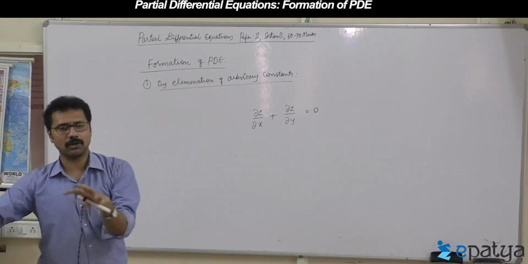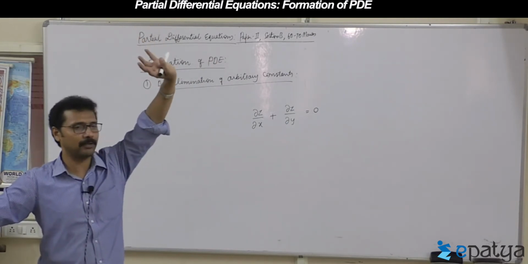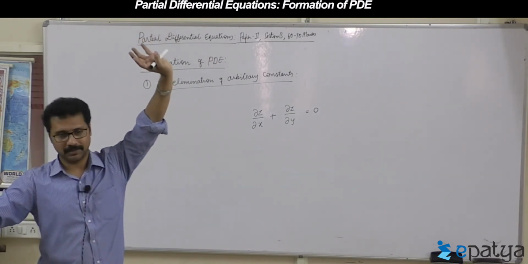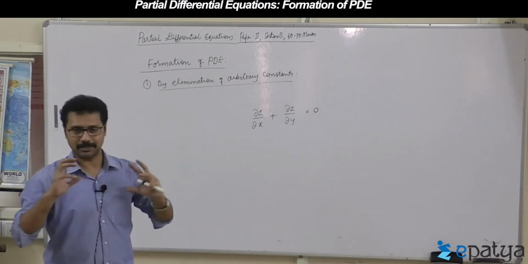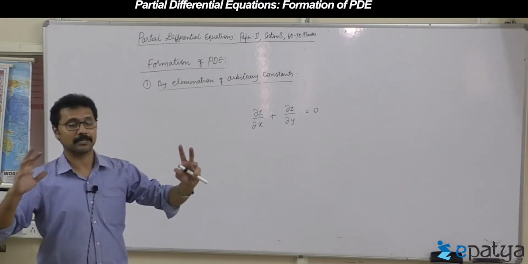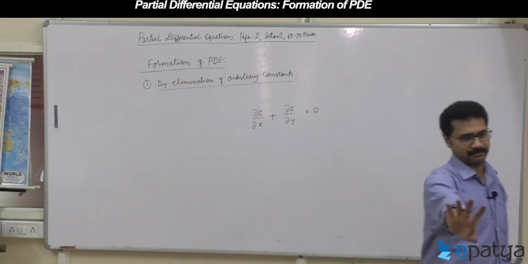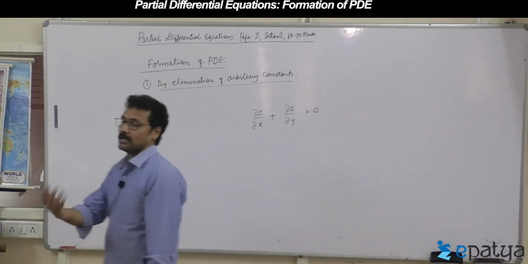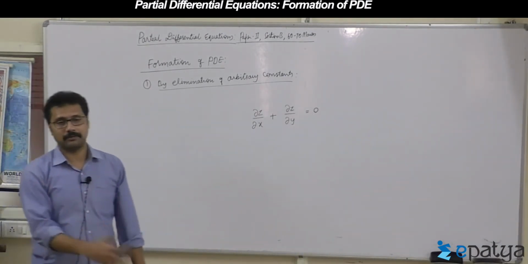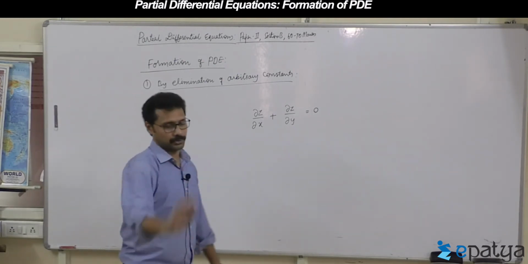If you solve all those differential equations, finally you will land up at the same family of surfaces. So the same family of surfaces can have different differential equations. In the case of partial differential equations, it is because of higher order. If it is of first order, it's okay, we will get almost the same one. But if it is of higher order, it may give different differential equations. Getting that? Okay. Take a note.